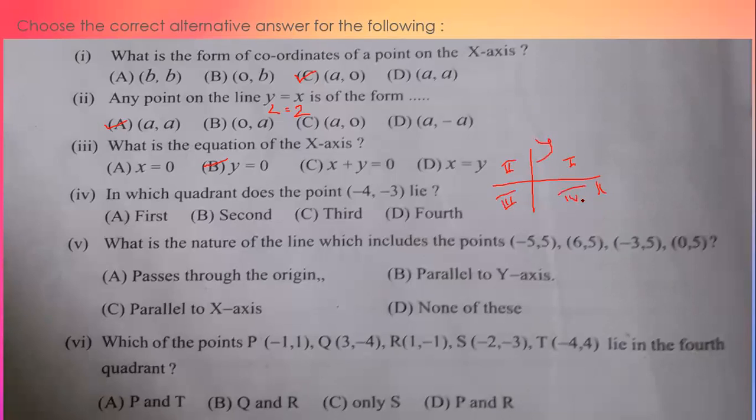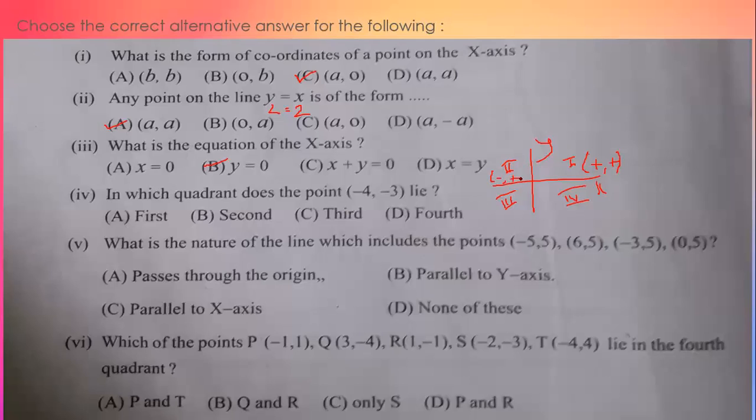And each quadrant has a specific sign based on the x and y coordinate. The first quadrant sign is plus plus. That means both the coordinates x and y are positive. The second quadrant has minus plus.